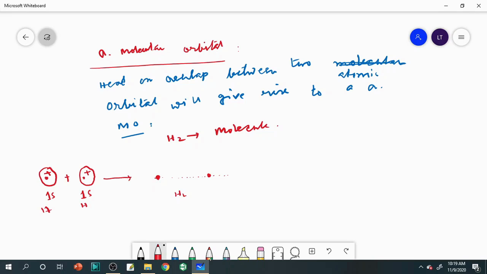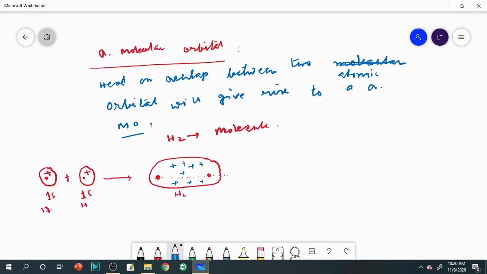And here what will happen, in between the two nuclei, the whole positive charge will be concentrated or accumulated in between on the internuclear axis. So one nucleus will attract the electrons of the other atom, and the other nucleus will attract the electrons of the first atom.